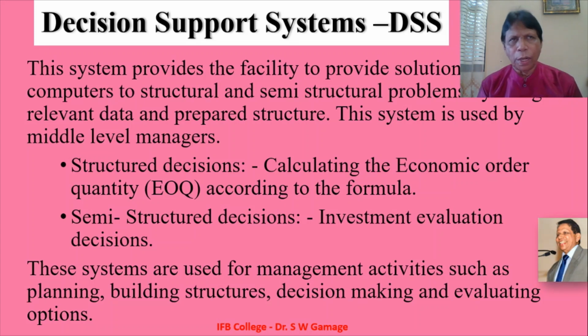So you use some data and you can get a decision through your computer, right? And that information will help you to take a decision. Sometimes the system itself provides the solution, right? That is the decision support system.